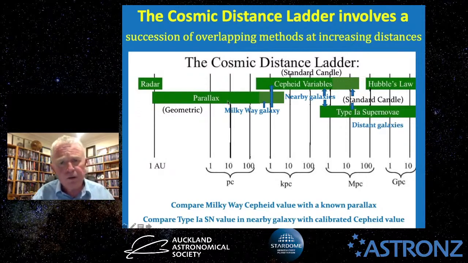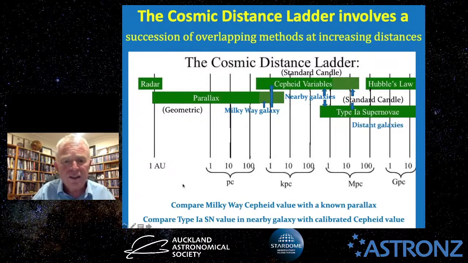The parallax, if you recall, was pretty accurate within our Milky Way, for stars reasonably nearby. The Cepheid variables covered a lot of stars in the Milky Way, and went way out, beyond nearby galaxies, out to distances where you get more distant galaxies. And then we talked about the type 1a supernova, which goes way huge, to what are called cosmological distances.